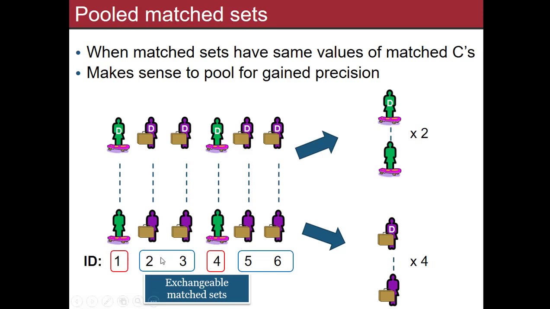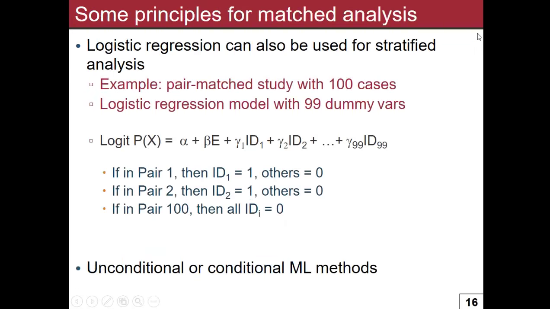You can put 1 and 4 together in one matched group, and then you can put 2, 3, 5, and 6 together. Doing this gains precision in your analysis. This is going to be a better analysis if you have 2 big groups rather than six tiny ones. So it's a small point, but helpful.